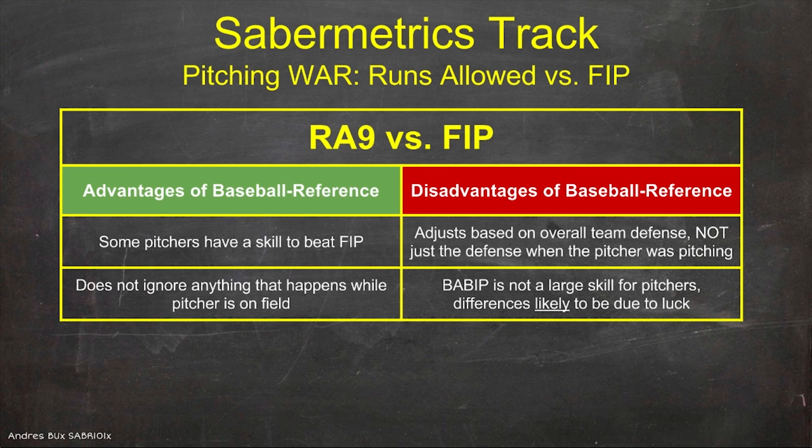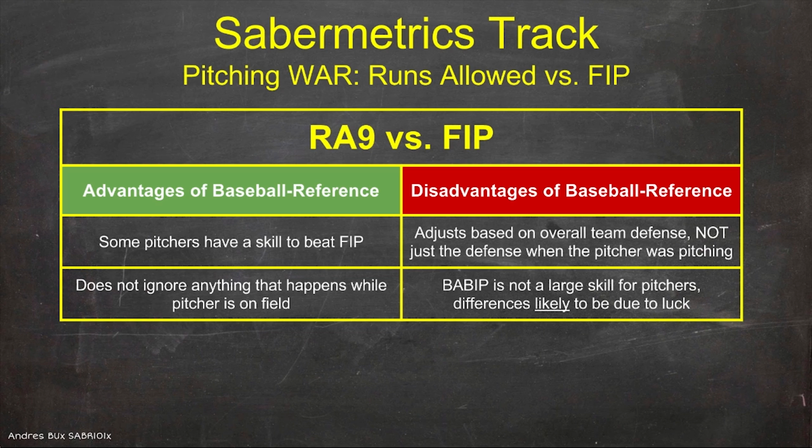So let's look at some of the advantages and disadvantages of RA9, what Baseball Reference does to calculate their pitcher WAR. Now, some of the advantages of RA9 is some pitchers have a skill to beat FIP. FIP is just measuring home run rates, strikeout rates, and walk rates.